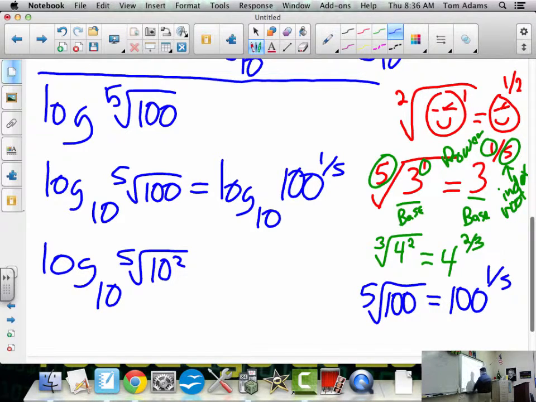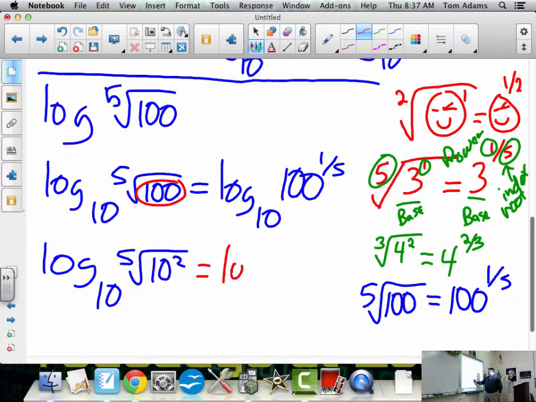So if you see something like this, it doesn't matter where it is. If it's in a fraction, if it's under a square root symbol, or in this case, a 5th root, we want to take that base and write it the same as the logarithmic base. So since 100 is 10 squared, we want to take that 100 and write it as a base of 10, because that's what the logarithmic base is. So now when I do that, I get something like this.